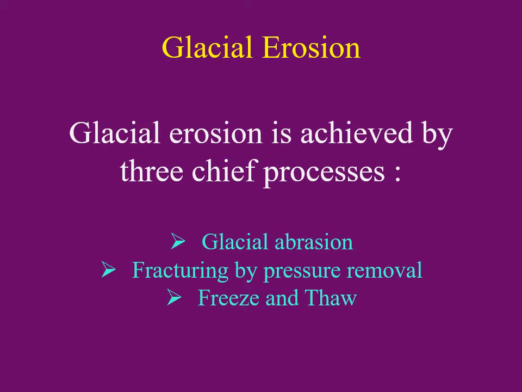Now coming to the erosional processes done by glacier, mainly the glacial activity is found in the high altitude areas, and if we consider latitudinally, the activity of glacier is found near the poles, near the polar regions.